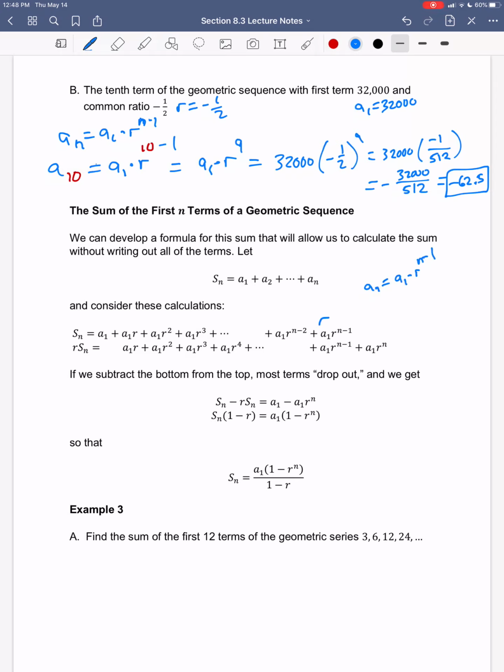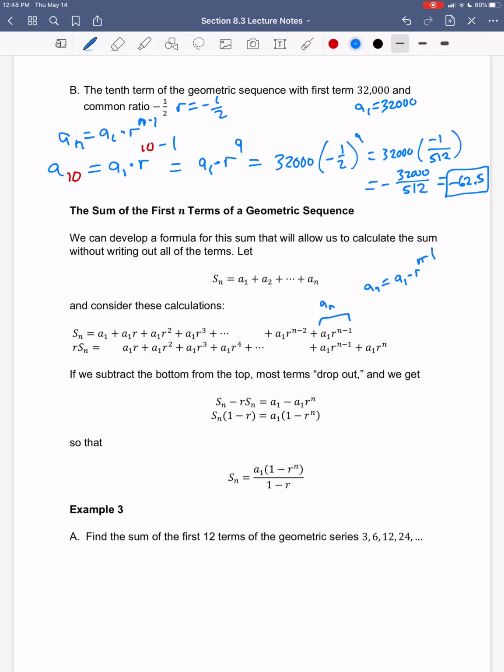So this right here is a sub n. Right? So this really is a sub 1, this is a sub 2, a sub 3, all the way to a sub n. If I multiply every term by r, so a sub 1 times r is here, a sub 1r times r is here, a sub 1r squared times r is here.